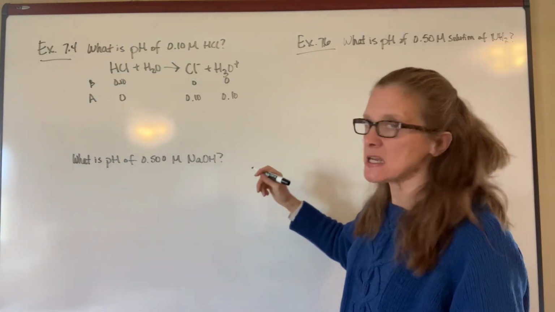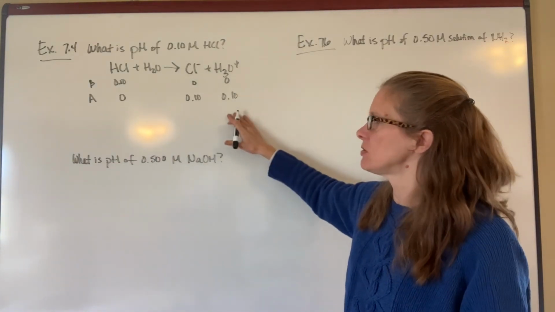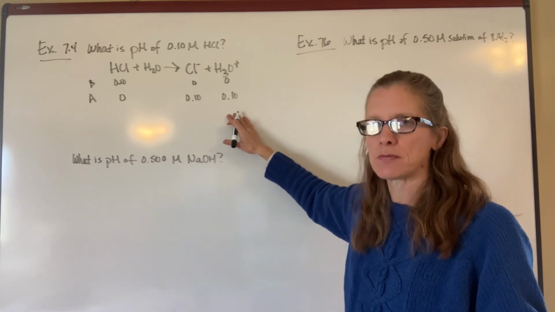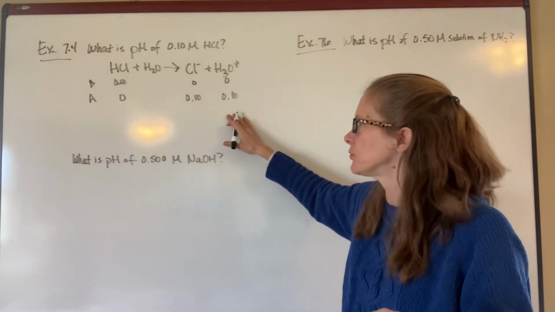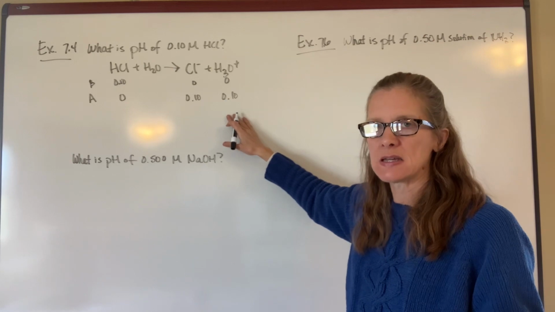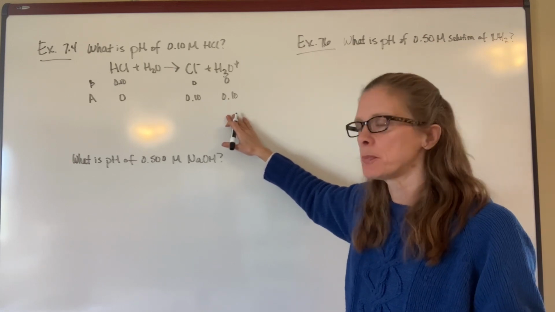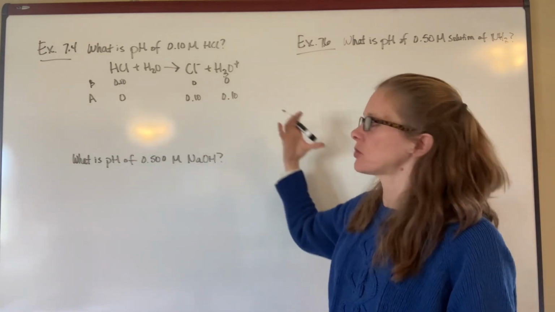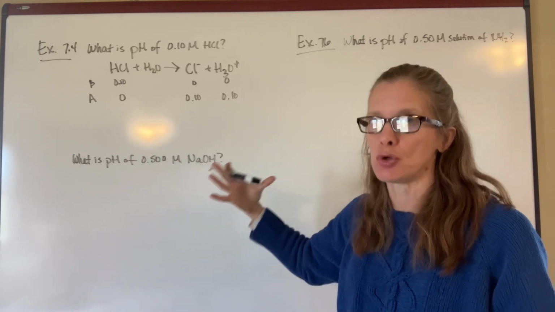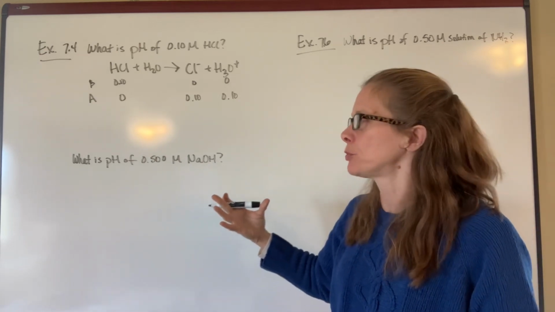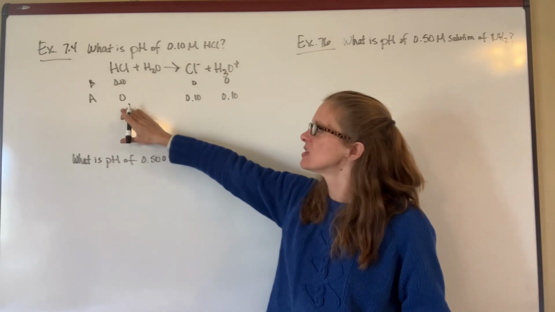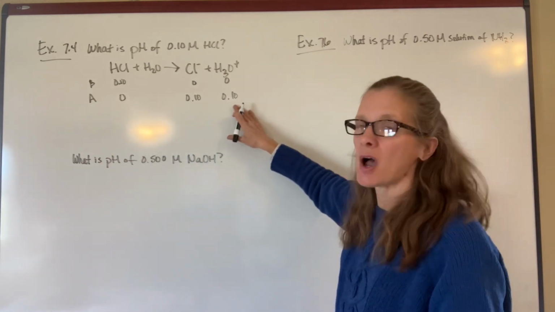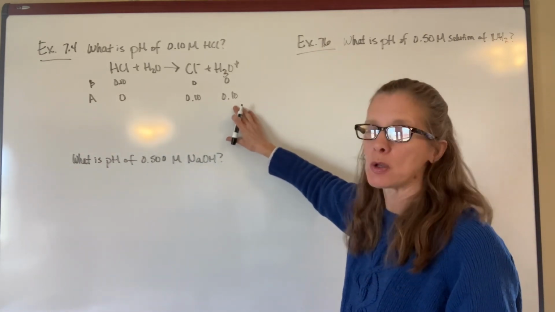So as you can see, because all of it's going to dissociate, now disclaimer, yes, we have talked about the fact that actually every reaction is an equilibrium reaction, but here the products are so heavily favored that we can assume that it's going to go to completion. So because there's none of this left, I know what the hydrogen ion concentration is. It's 0.10 molar.